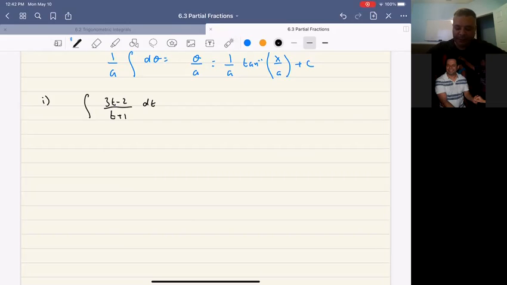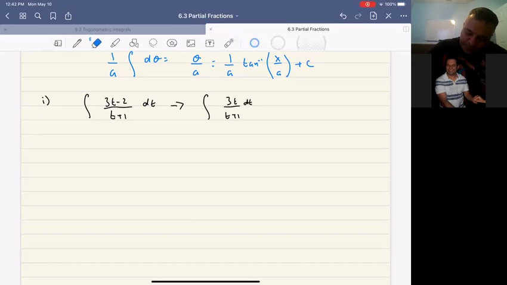If I were doing this, I'd do 3t over t plus 1 minus 2 over t plus 1, and let u be t plus 1. That's how I would really do it if I was actually doing it. But we're trying to teach something here.